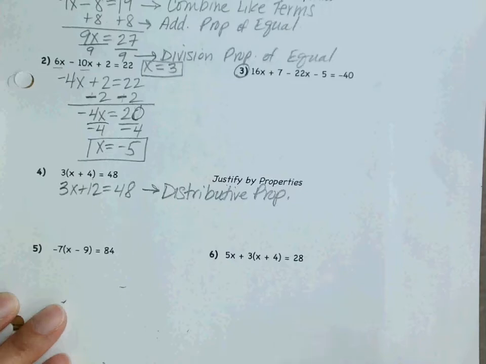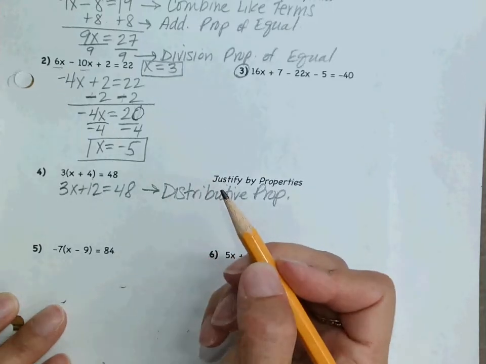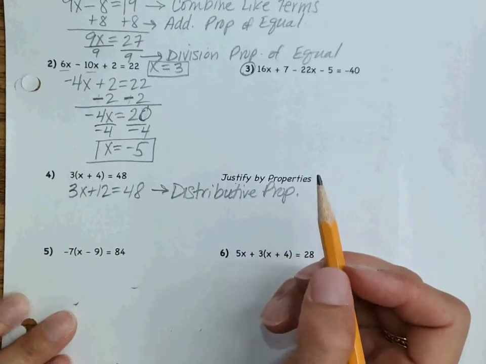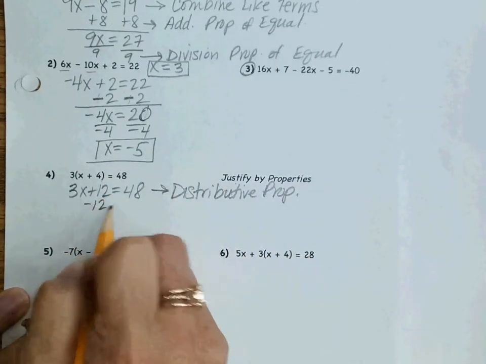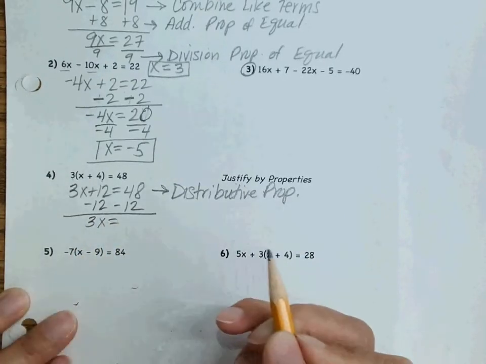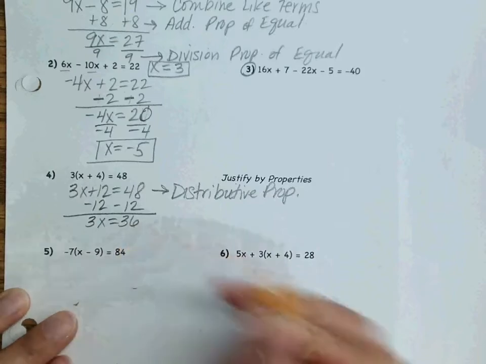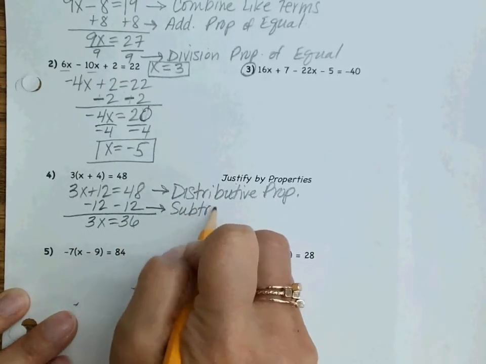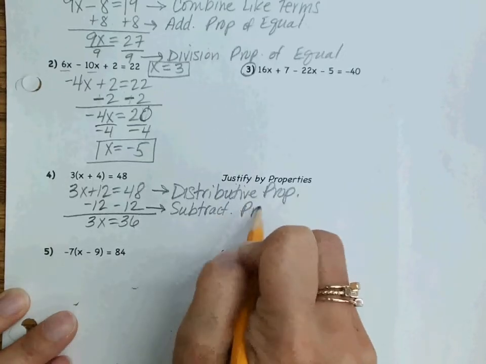Now from here, again, I'm at that 2 steps, and I'm going to follow those steps to solve for the variable. So I'll go ahead and start by subtracting 12 from both sides. When I do that, it is 3x is equal to, and when I subtract here, I get 36. And so when I subtracted, that was the subtraction property of equality.